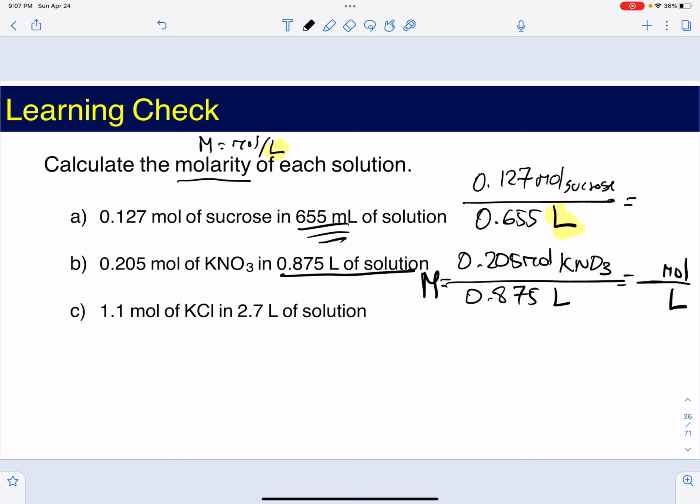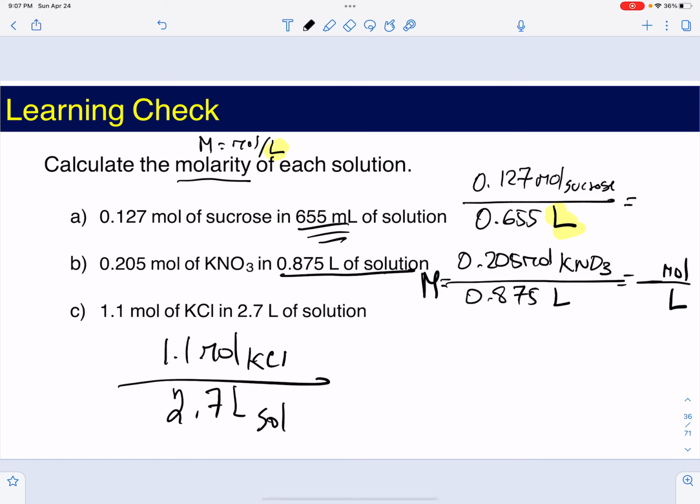And the last one is 1.1 moles of KCl, or potassium chloride, over 2.7 liters of solution. And that's going to be your molarity, whatever number you get, moles over liters. As simple as that. Just take the moles of the solute divided by the total volume of the solution in liters.